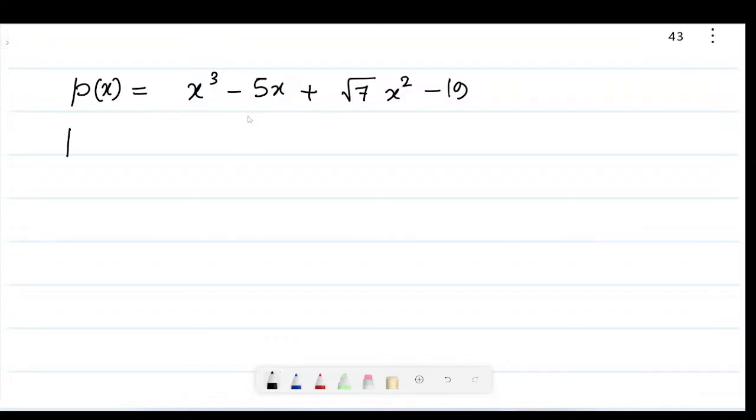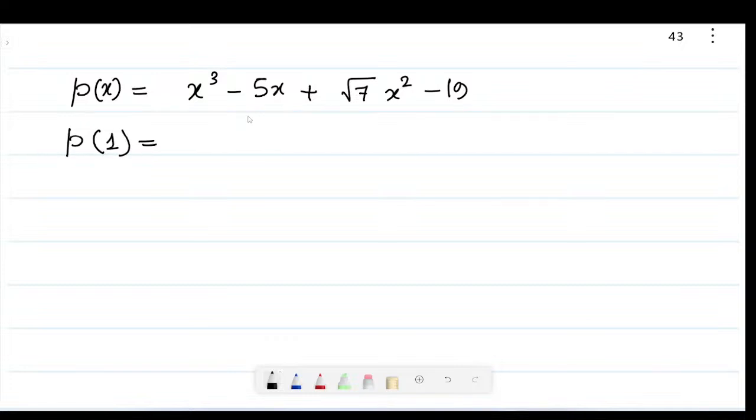So let's check some examples, like if this is a polynomial, x cube minus 5x plus root over 7 x square minus 19. So what will be p of 1?